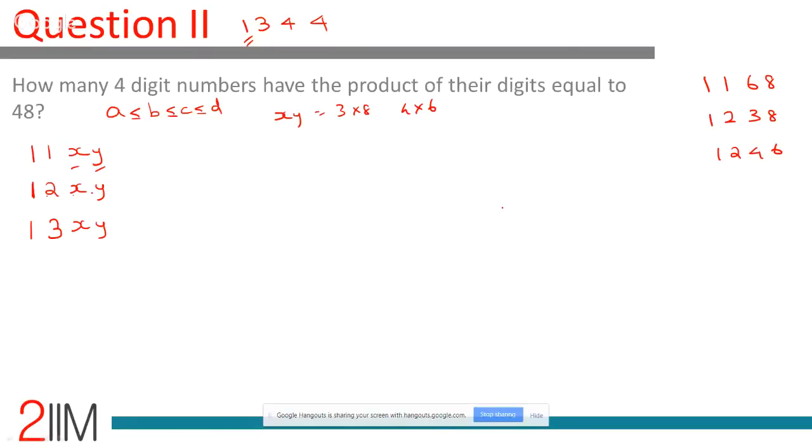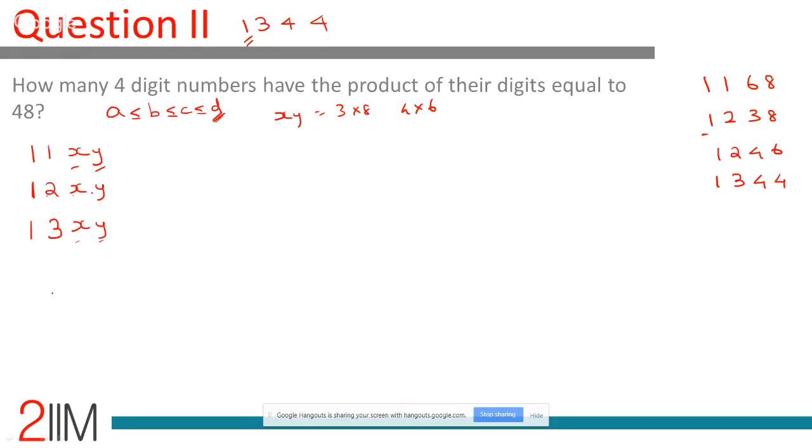It could be 2 into 8. But remember, I shouldn't count 2 into 8 because I could have already accounted for that 2 here. I have A less than or equal to B less than or equal to C less than or equal to D. If I count 1, 3, 2, 8, that means I'm double counting 1, 2, 3, 8. So if I have 1, 3, these two numbers should be 3 or more. Only possibility is 1, 3, 4, 4.